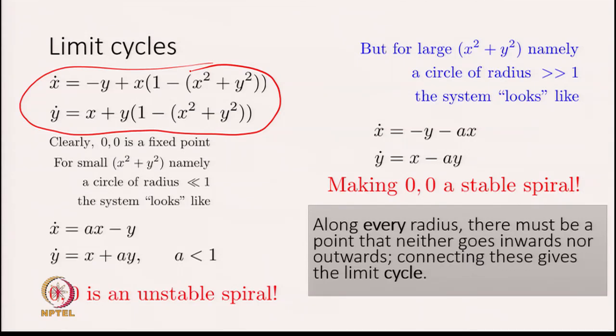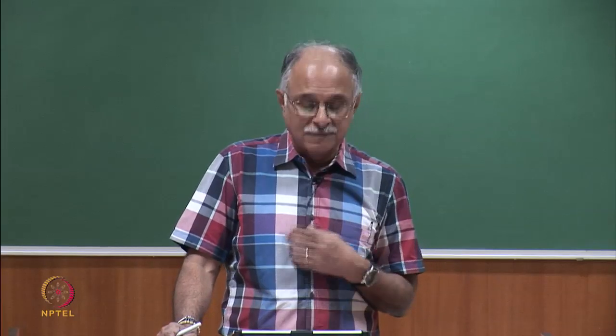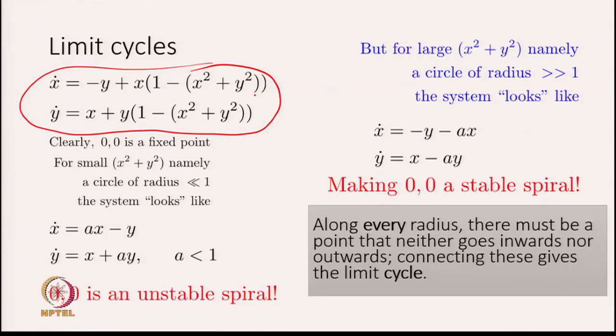Now, for small x squared plus y squared, namely x squared plus y squared describes a circle around the origin, so around a circle of very small radius around the origin, the system more or less looks like ax minus y for this equation and x plus ay for this equation, where a is some number which is less than 1, because it is 1 minus r squared.